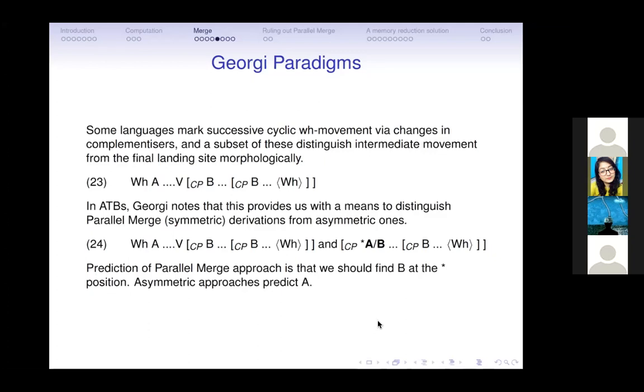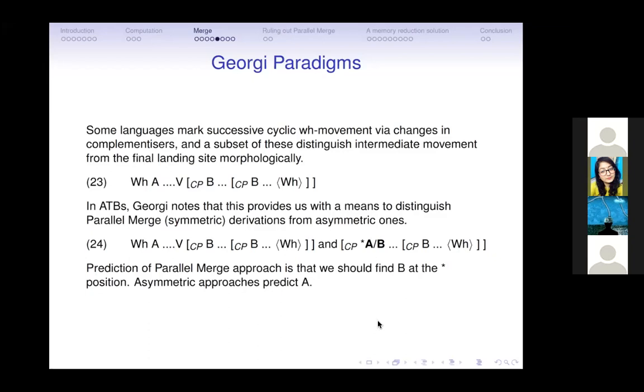What Georgi notices is that if there's just one thing, then the complementizers, the words like that, which appear all the way through this, should all be the same. Because it's just the one same thing that's moving past them. They're all inside that movement in a sense. And if we don't get that, that says something else is happening.